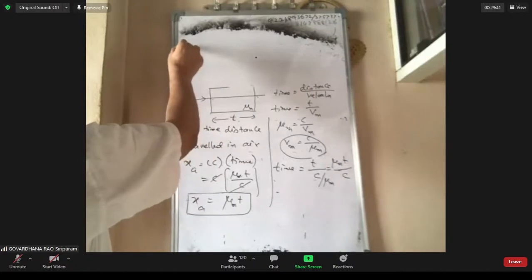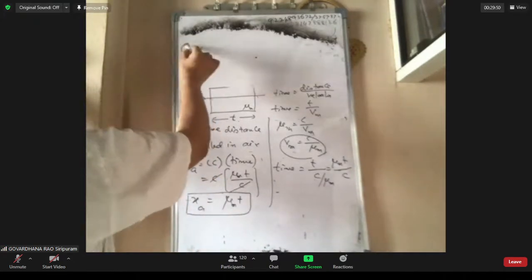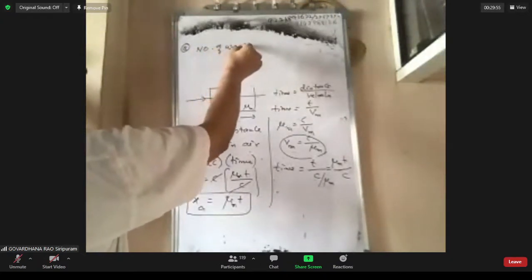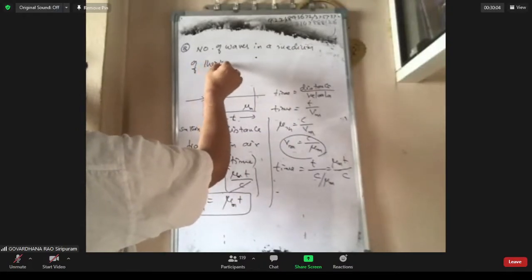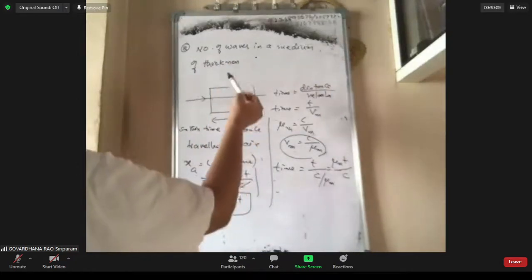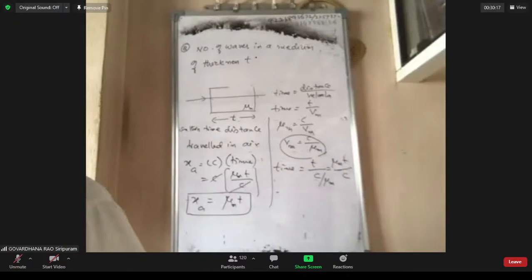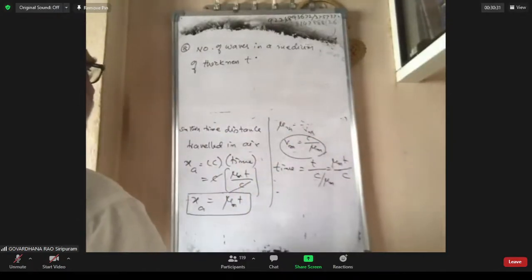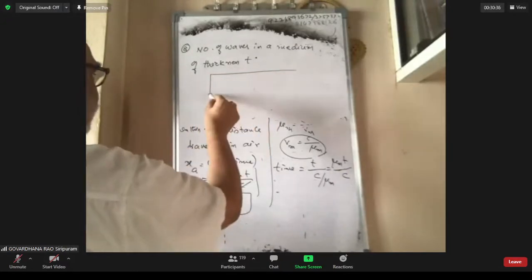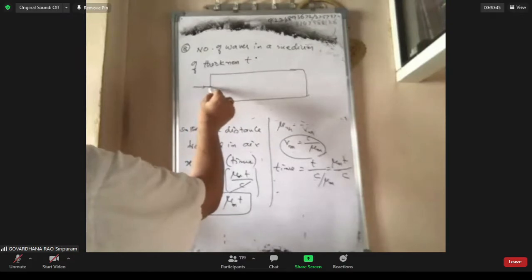Point number 8. Number of waves in a medium of thickness T. Suppose this is the medium, in which light is traveling.